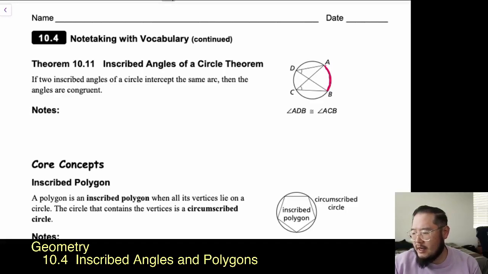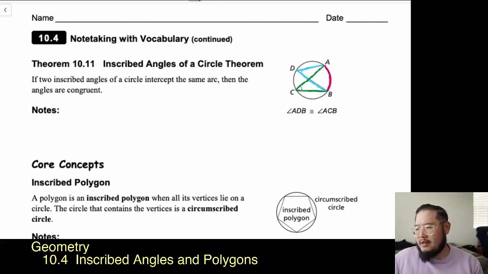How do I know they both share it? Let me highlight and show you: we have angle ADB right here, and then we also have angle ACB. You can see that they both subtend the same arc AB.